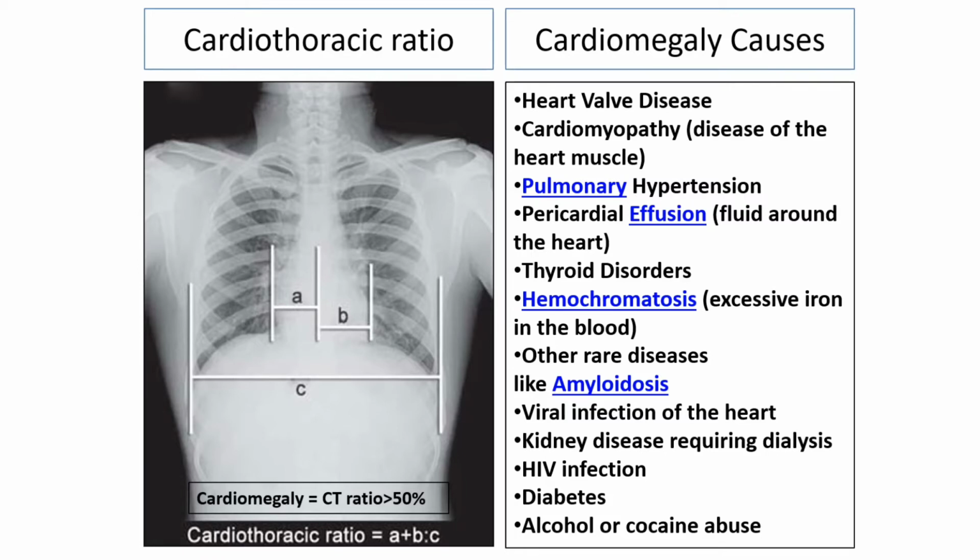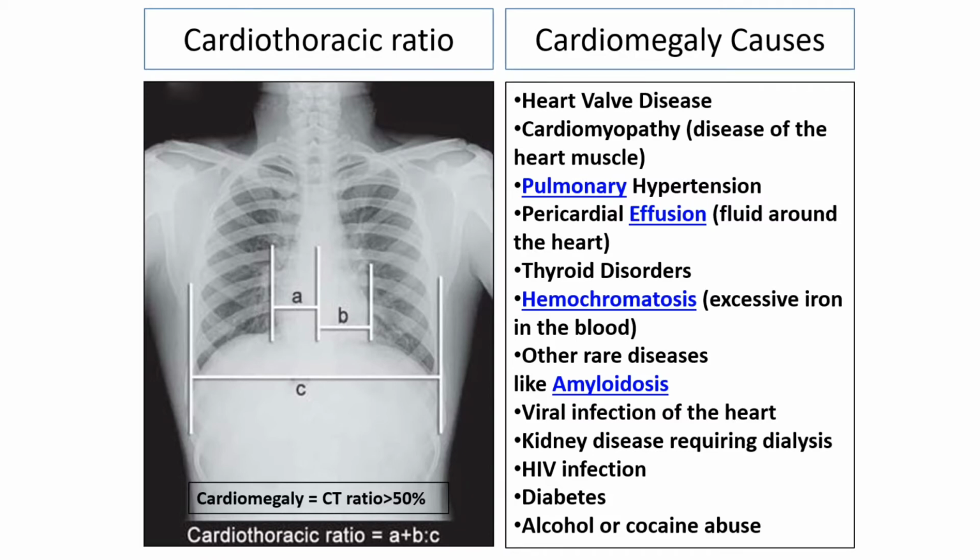This is the midline of the X-ray, and this is the right side, at the most lateral border of the heart, and as well at the left side there is the most lateral border of the heart. So this is the cardiac size A and B, and C for the thoracic, and these are both lines in between the thoracic cage. You can see the most lateral part of the thoracic cage. So the cardiothoracic ratio is A plus B divided by C.